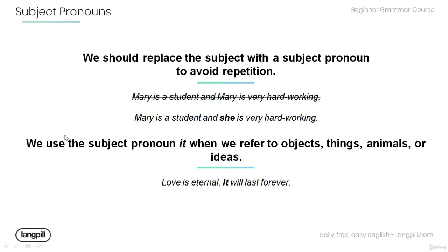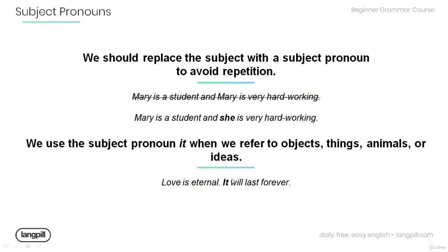Also note that we use the subject pronoun "it" when we refer to objects, things, animals, or ideas. For example, "Love is eternal. It will last forever."